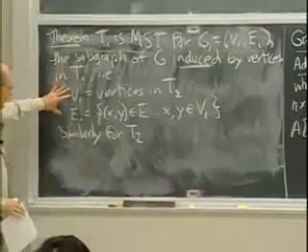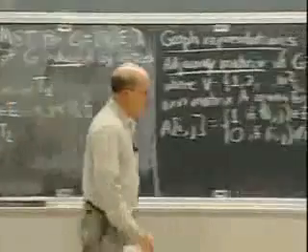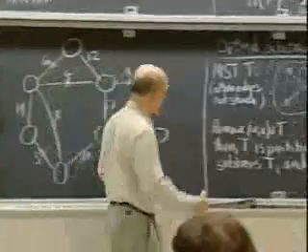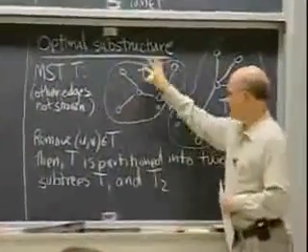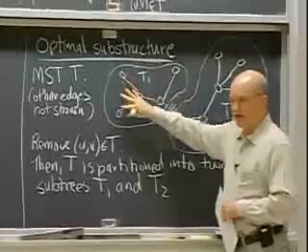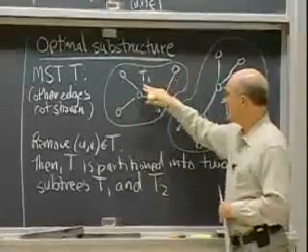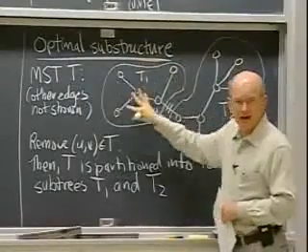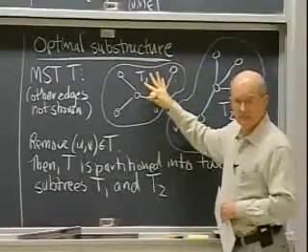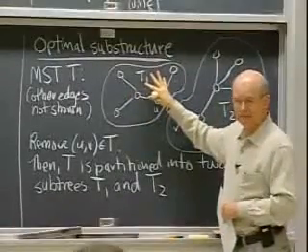So the theorem says that if I look at just the edges within the graph G1, those that are induced by these vertices, T1 is in fact a minimum spanning tree for that subgraph. That's what the theorem says.